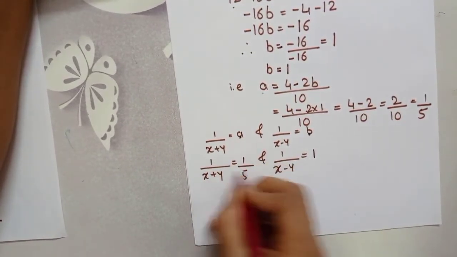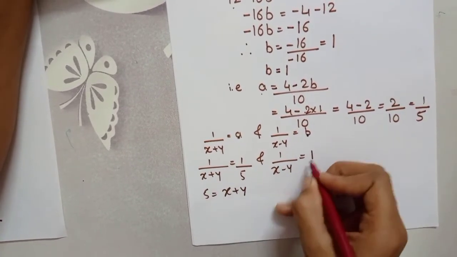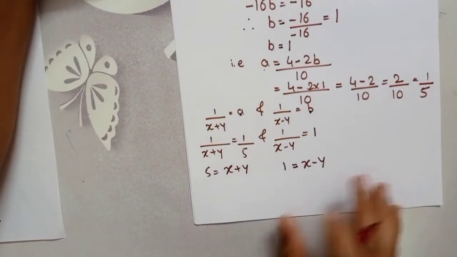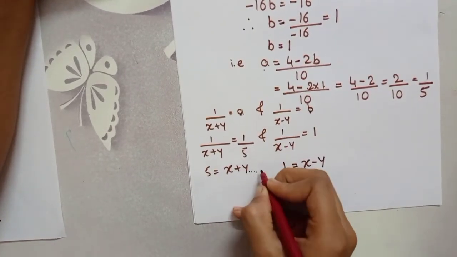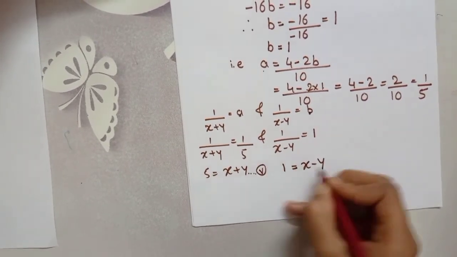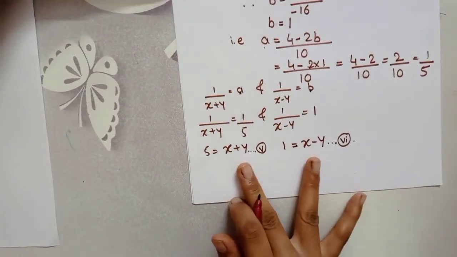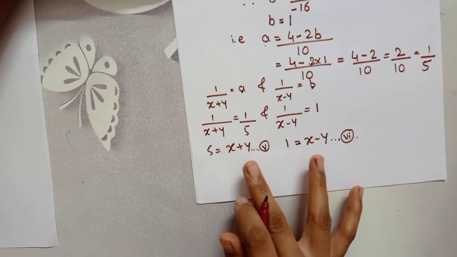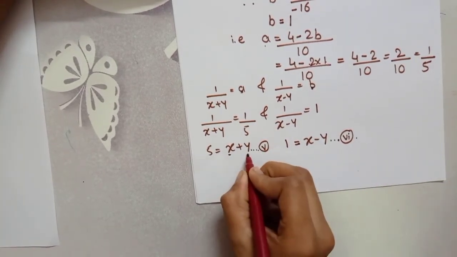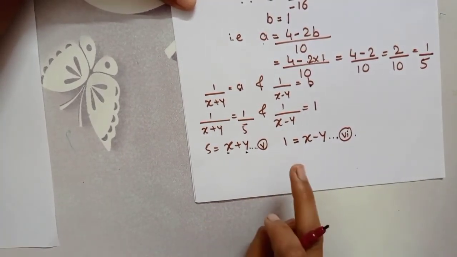By cross multiplying, 5 is equal to x plus y and 1 is equal to x minus y. Considering these as the fifth and sixth equations, by solving these two simultaneous equations we can get the values of x and y. By any method we can solve these two equations.